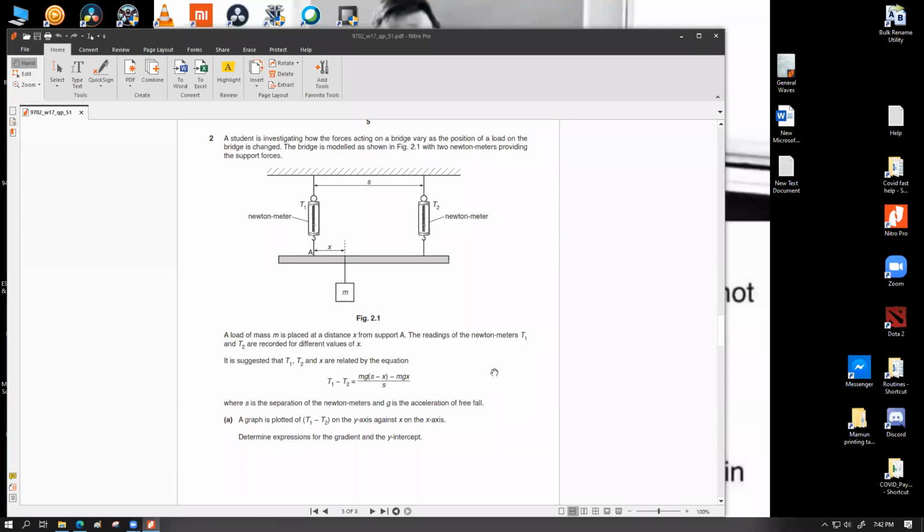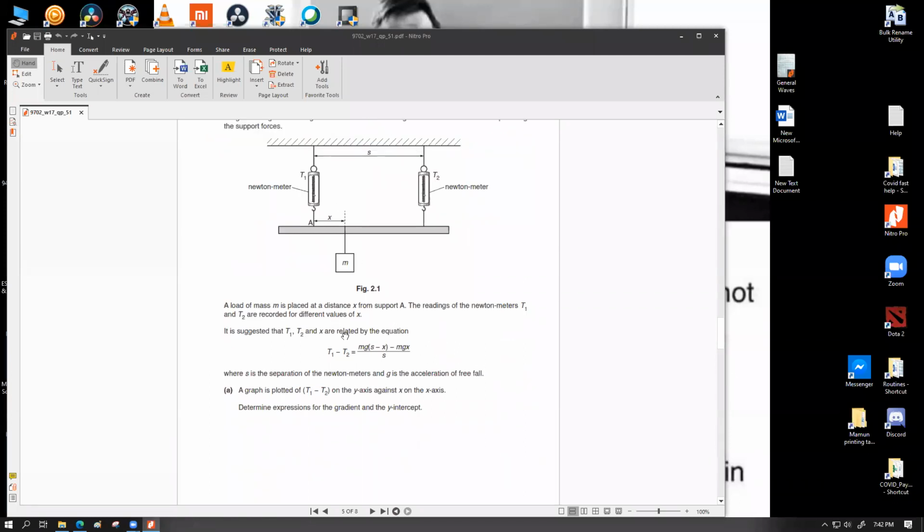So how does question number 2 work? You would be given a simple figure or a simple instruction for a certain experimental scenario, and there will always be some equation given. This you have to work with. This you have to manipulate in an appropriate way. I'm going to talk about this a bit later.